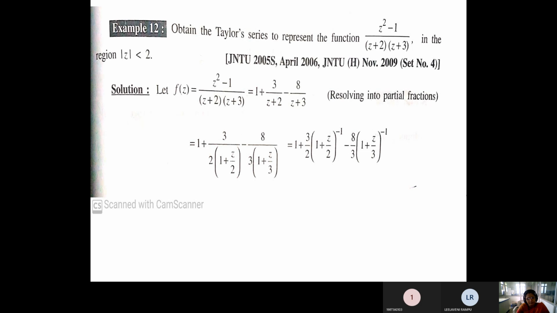Here the highest degree in the numerator is 2. The highest degree in the denominator is also 2. So first you have to divide the numerator by the denominator, then you have to go for the partial fractions. Finally, you will get 1 plus 3 by (z plus 2) plus 3 minus 8 by (z plus 3).